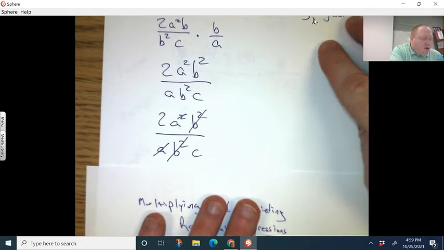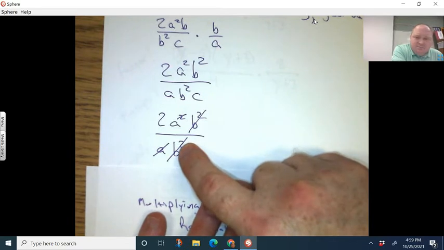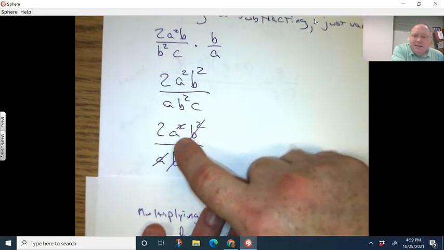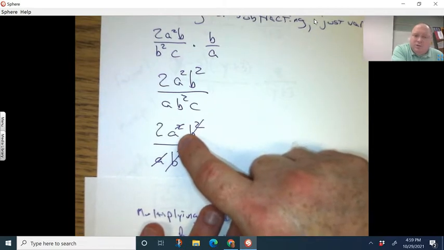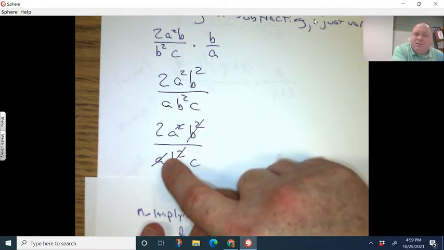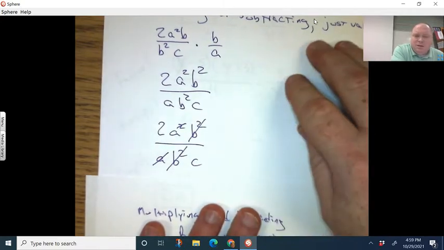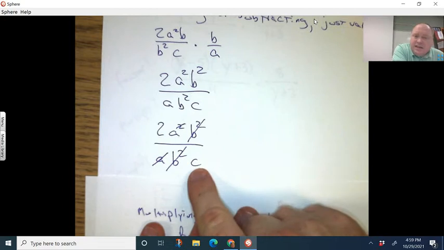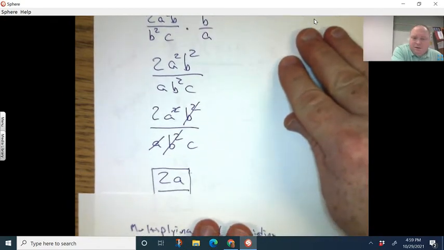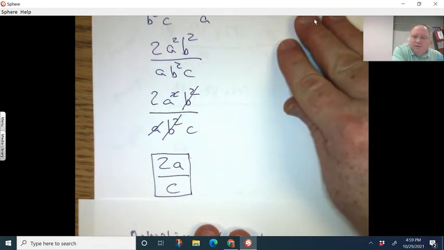So the b squareds canceled, and a to the second means I have 2 a's up top. And so one of those a's canceled with the a on the bottom. So that leaves me a 2 and an a on top and a c on the bottom. So that's my final answer.